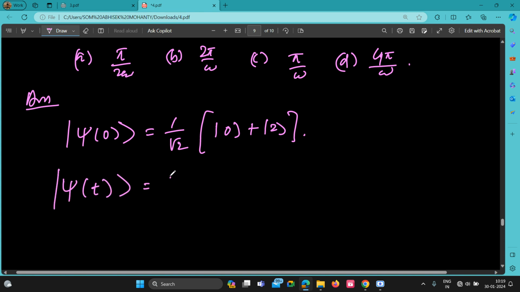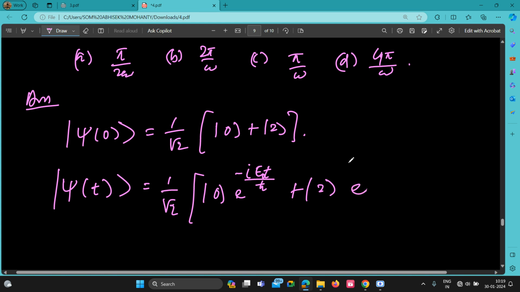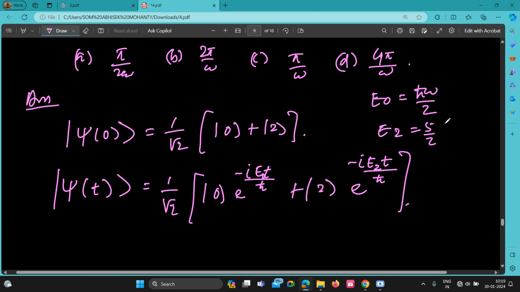Now psi t will be 1 by root 2 (|0> e to the power minus i E0 t by h cut plus |2> e to the power minus i E2 t by h cut). What is E0? E0 is h cut omega by 2. E2 is 5 h cut omega by 2.